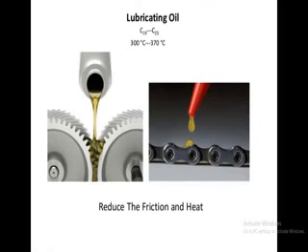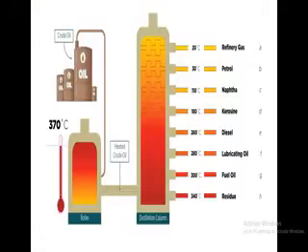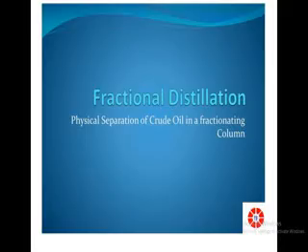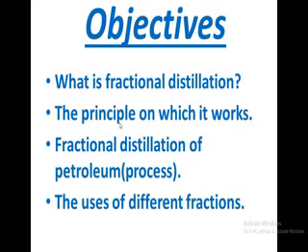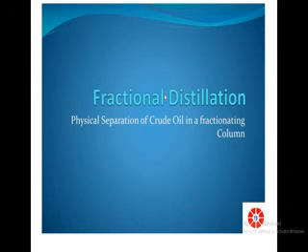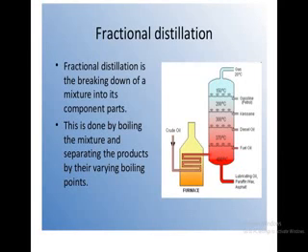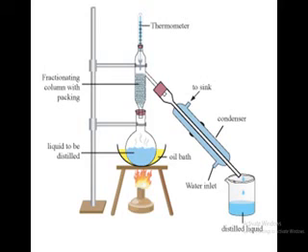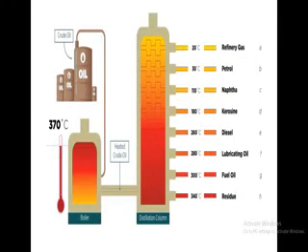So this was all for today. Let's review what we have discussed. First of all, we discussed what fractional distillation is: a physical technique used to separate different components of a solution. Our main focus was on petroleum. Then we discussed the definition and the physical property on which it is based. Then the process, the apparatus, how to assemble it, and what precautions we should take.